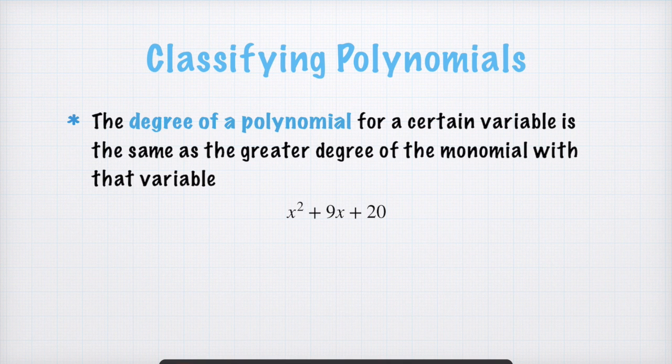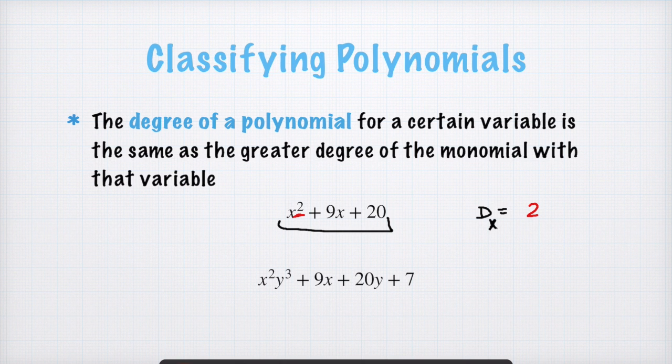So the degree of this polynomial, this entire thing, is going to equal the greatest degree in that variable. So we're going to call it degree in x. So our degree in x is going to be the greatest power. Well, the greatest power is this squared right over here. So we're going to call it degree in x is 2.